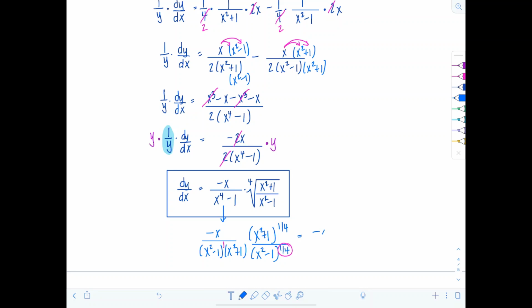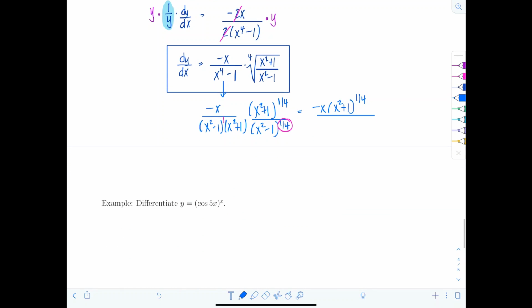So then you have negative x squared plus 1 to the 1/4 over, and then we have x squared minus 1 to the 5/4, and then x squared plus 1. Oh my goodness, we can combine that too. It just never ends. So now this will cancel, and then this is to the 3/4.